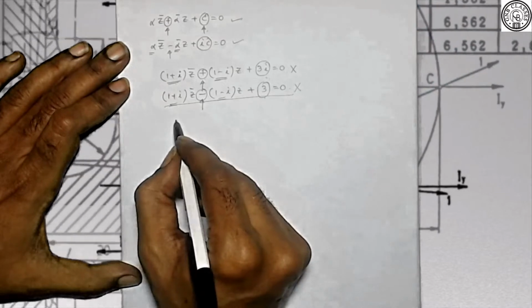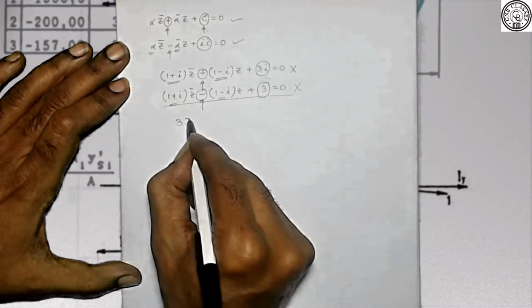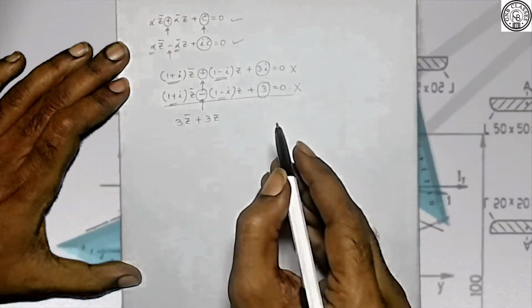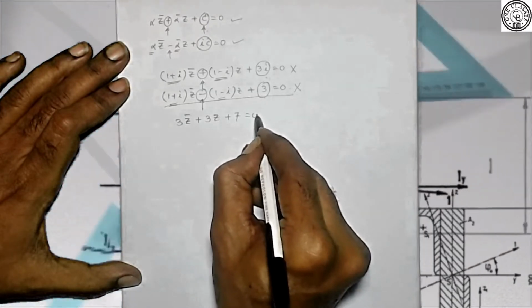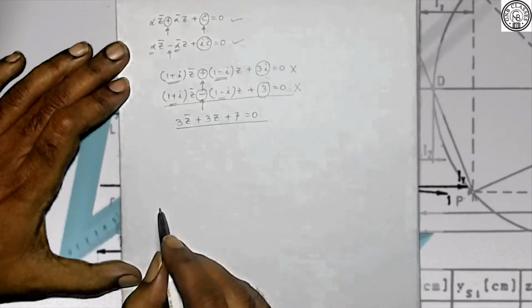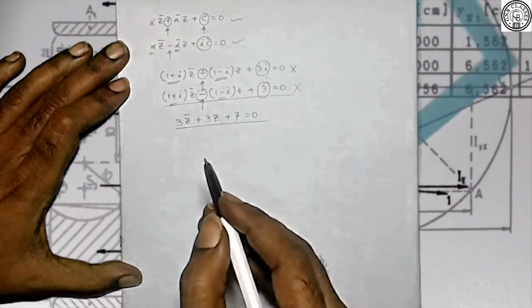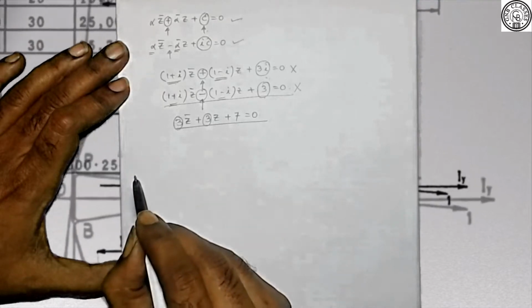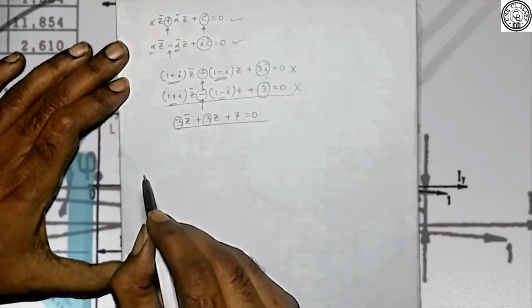Now let me take another example, like 3z bar plus 3z plus 7 equals to 0. Does it represent a straight line on a complex plane? Let us check. First thing, we have to check whether this one and this one are complex conjugate to each other or not.